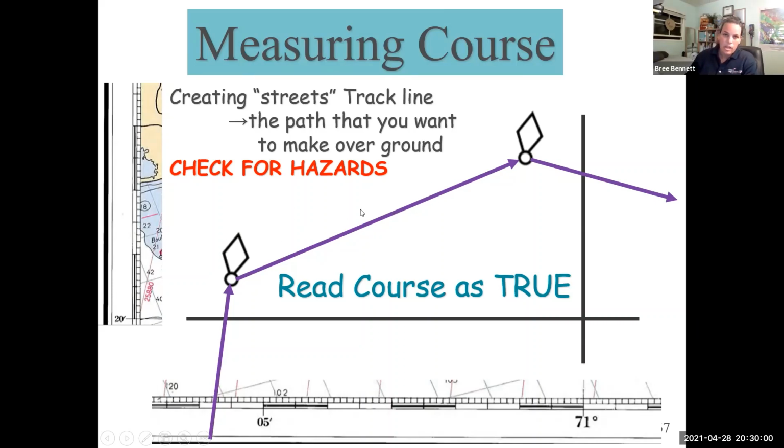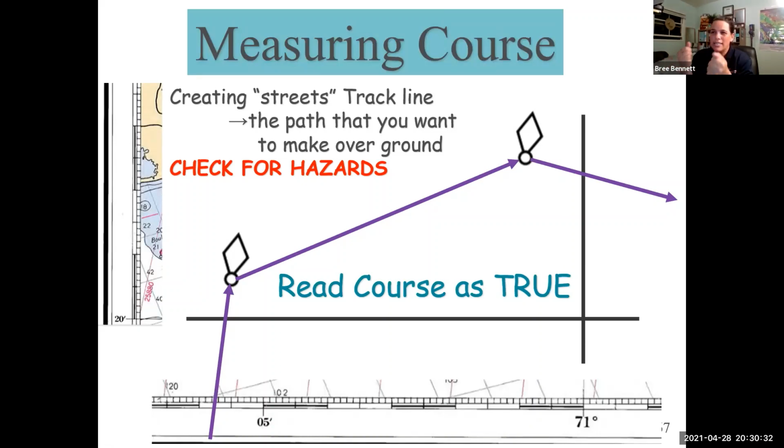So another thing we like to do as recreational boaters is have something to aim for. Even if you have an autopilot on board, and you're steering by hand, it's a lot easier to steer by hand when you're looking at something on the horizon or something in the distance rather than chasing a number.